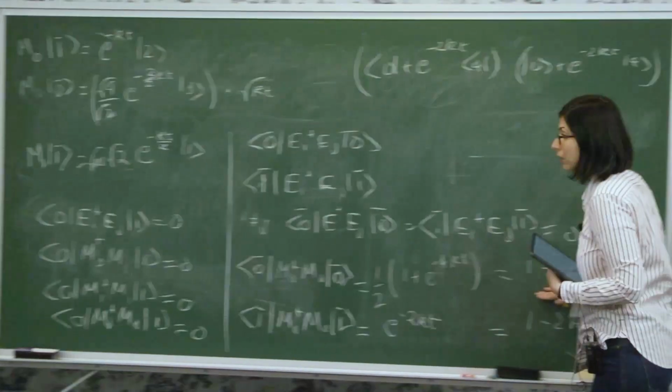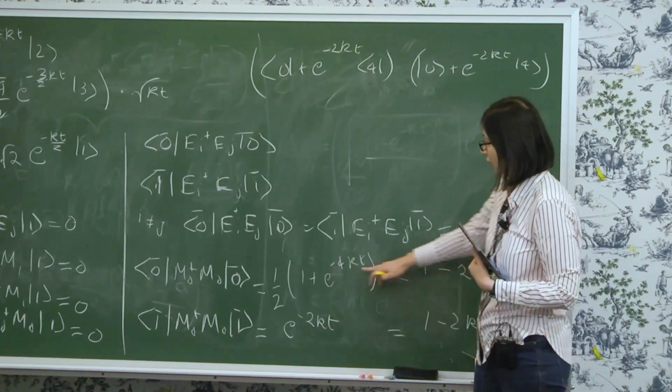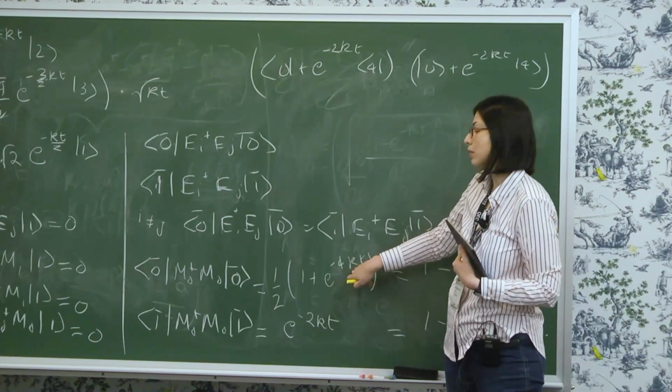This one? Yeah, this is 1 plus e to the minus 4 kappa t.